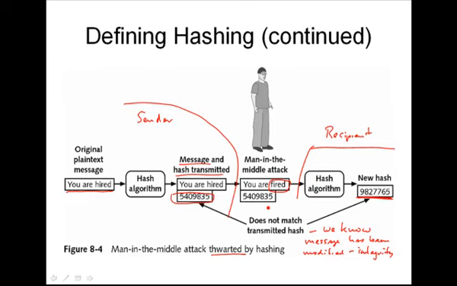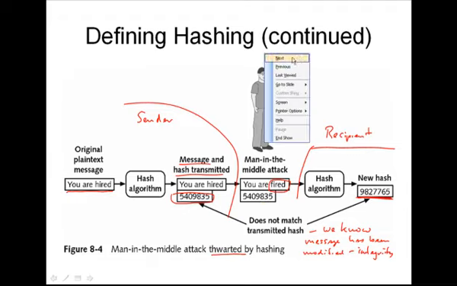So remember your question when we get to the part on digital signatures, and you'll see how we could use cryptography to make sure that the man in the middle can't change the hash, and therefore hide the fact that the integrity of the message has been compromised. So keep that in mind. I'll try to remember it too.